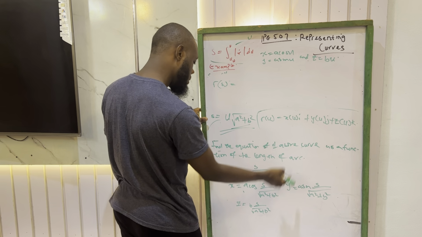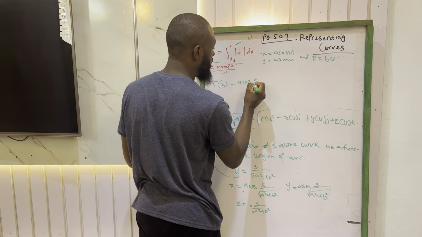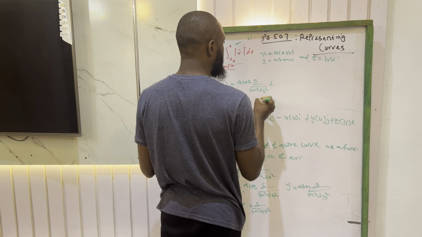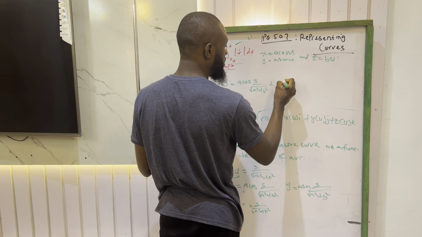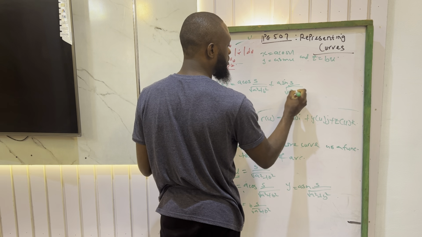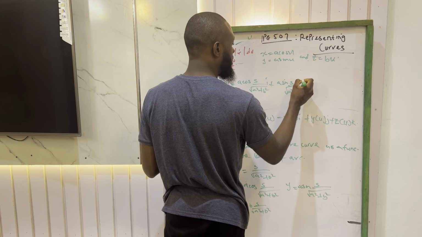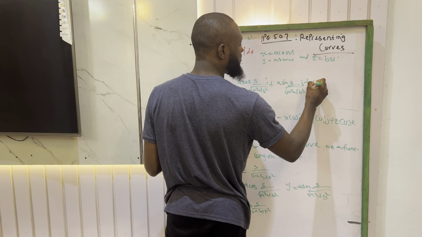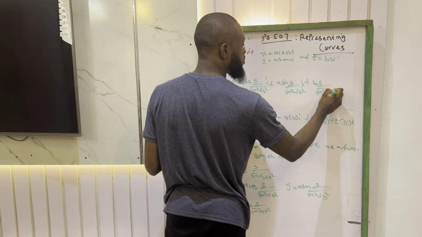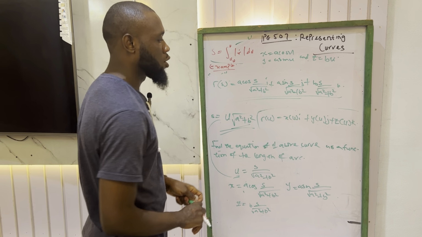The x of u is now a cos s over the square root of a squared plus b squared i, plus a sin s over the square root of a squared plus b squared j, then we have bs over the square root of a squared plus b squared k. So this is the final answer to the second question that we asked.